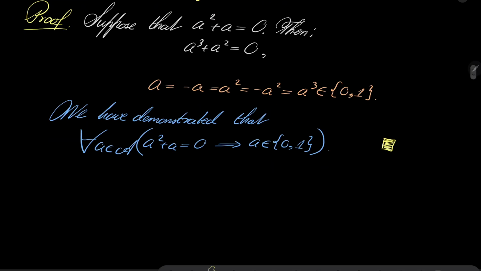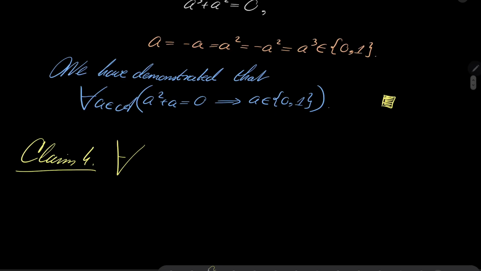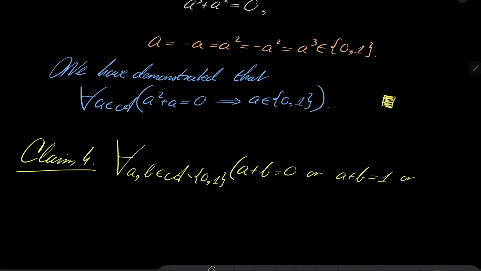All right, my fourth claim. I will prove that for every A, B, elements of our ring, but not 0 or 1, either A plus B equals 0, or A plus B equals 1, or AB plus BA equals 1.